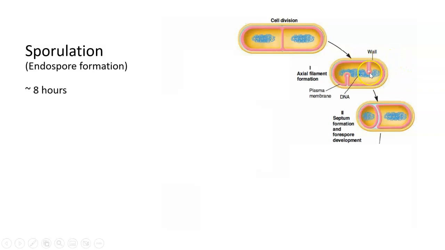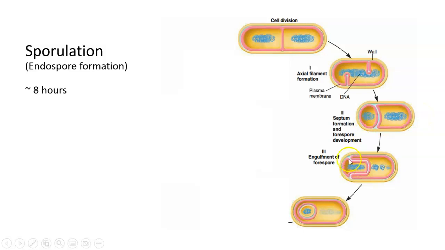And then ultimately, these two filaments, this one on the top and this one on the bottom, are going to meet in the middle and form what's called a septum, or basically a division between the two parts of what will ultimately become the endospore. There's a forespore, and then there's going to be the mother cell. So you have invagination of the plasma membrane and then formation of a septum here, making two different structures inside of the bacterial cell.